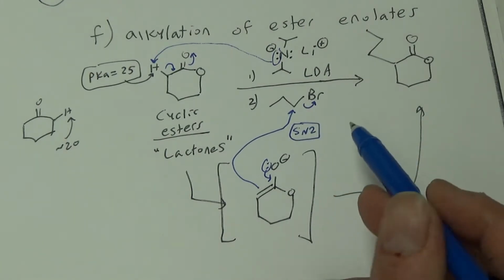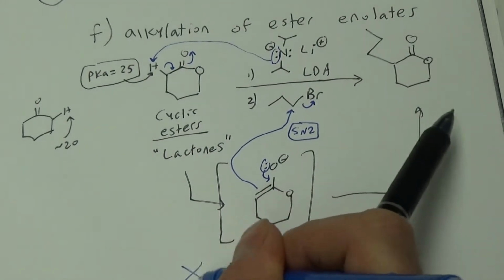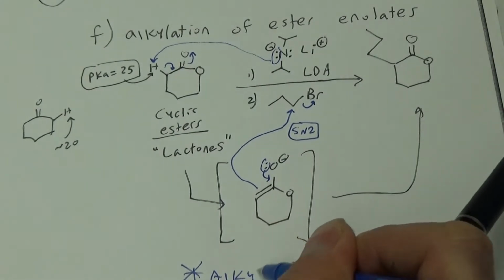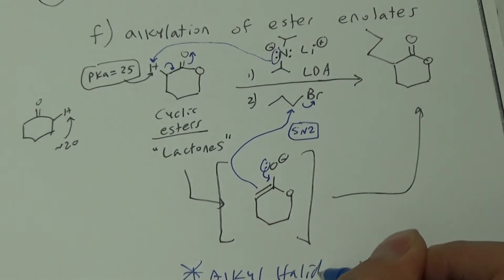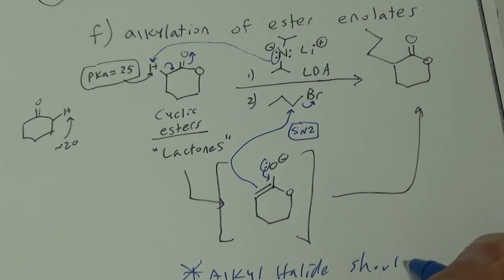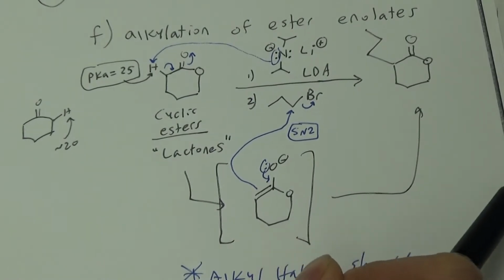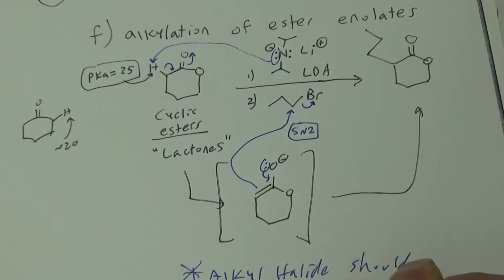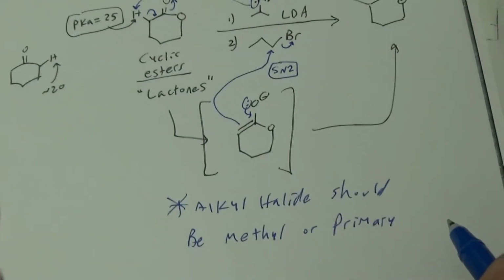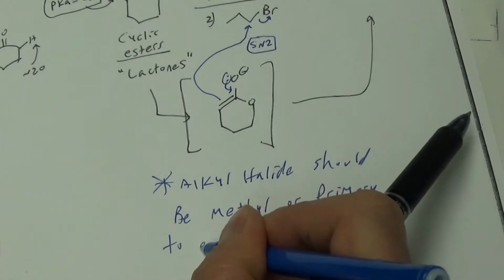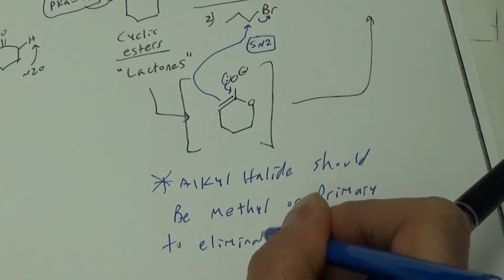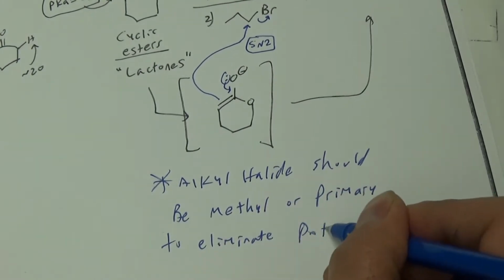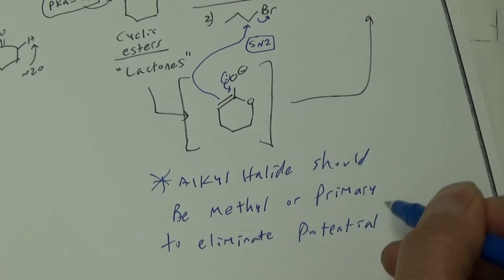So what I'll just say is the alkyl halide should be methyl or primary, to eliminate potential E2 reaction.